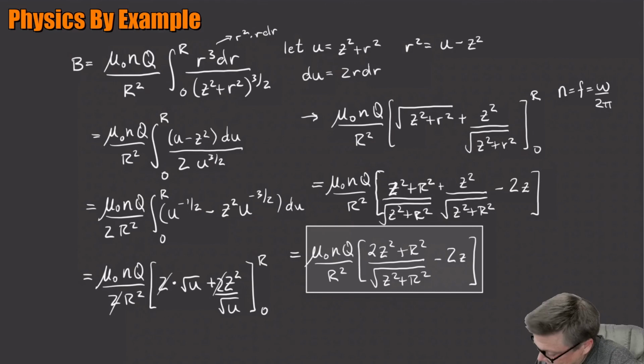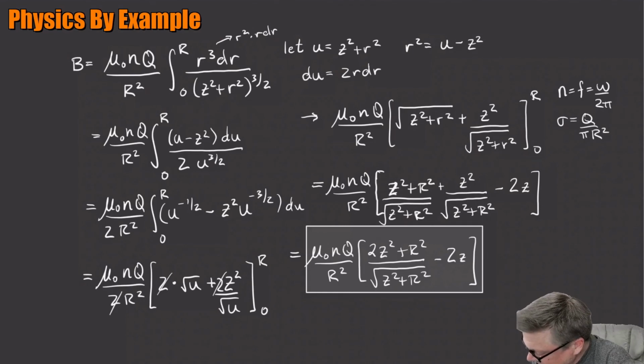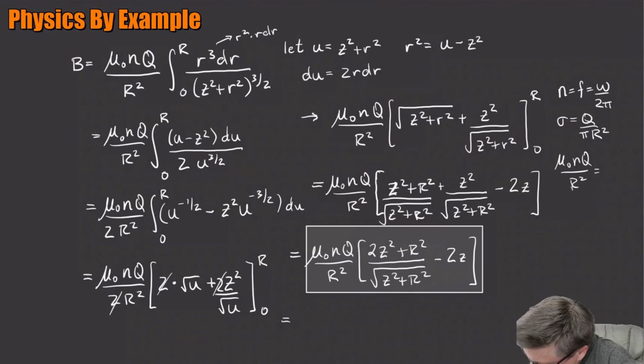And then q over r squared, sigma, is equal to, sigma is the charge per unit area, right? So it's like the charge divided by pi big R squared. So this quantity, mu naught nq over r squared, let me write it down here because I'll run out of room.